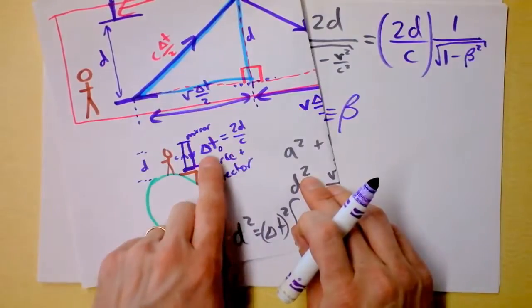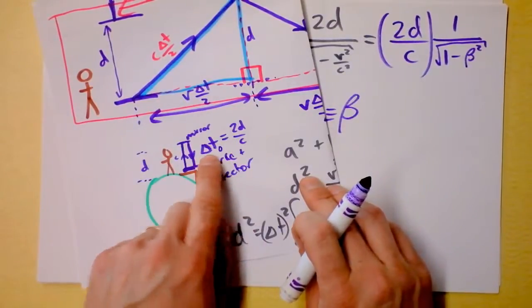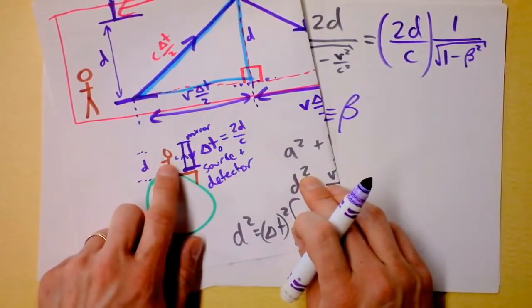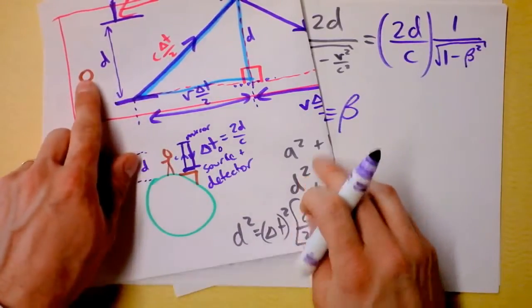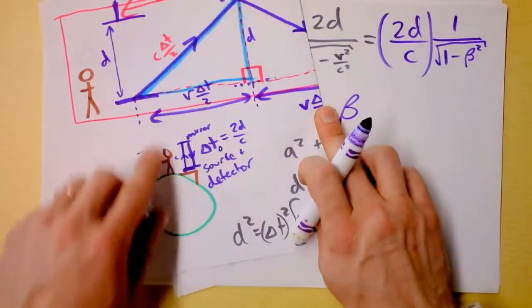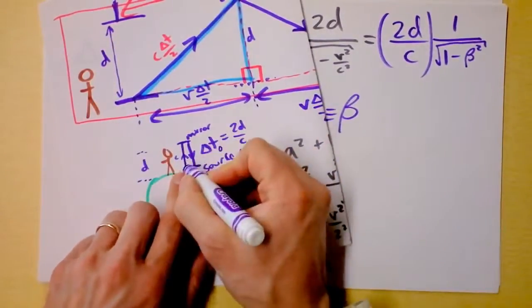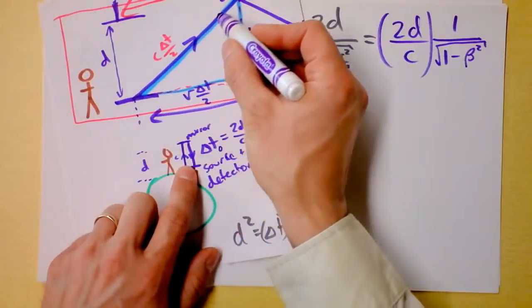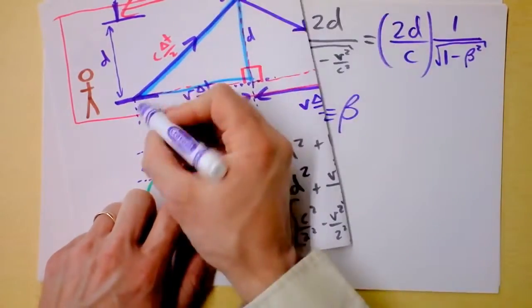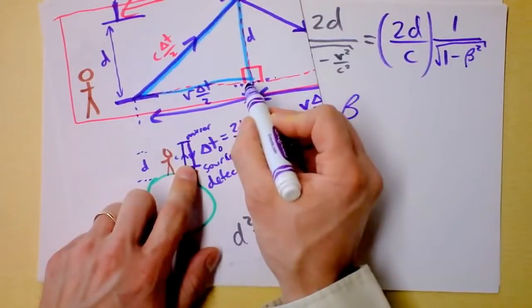2d over c is the time that it takes for a click of this observer's clock. He's looking at this observer's clock and he says, no, sir, my light only has to go a distance d, but your light has to go a farther distance because it's not only going up d, it's also going over v times delta t over 2.